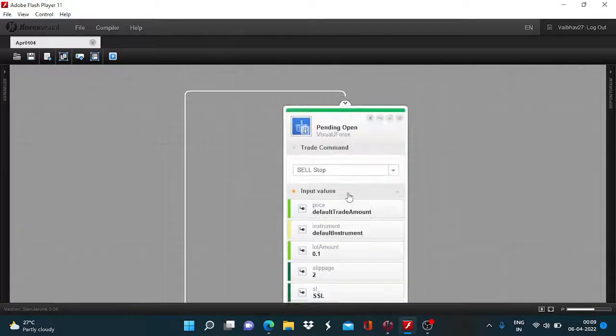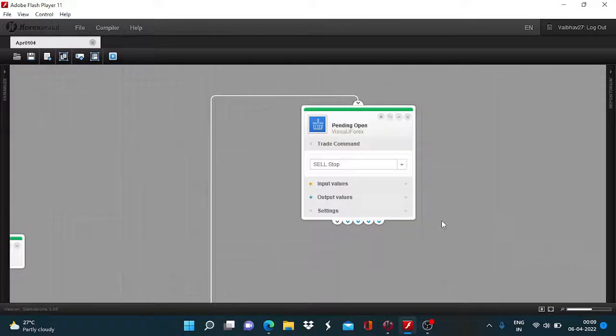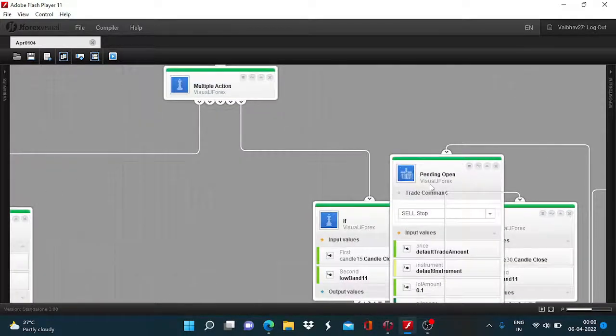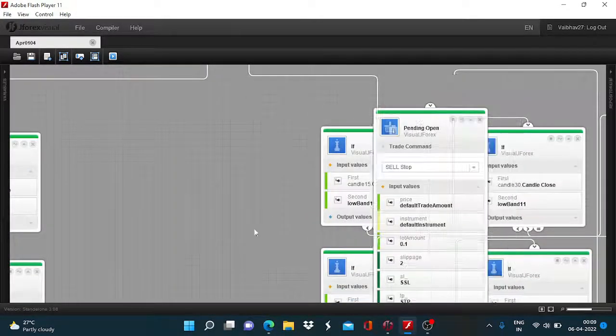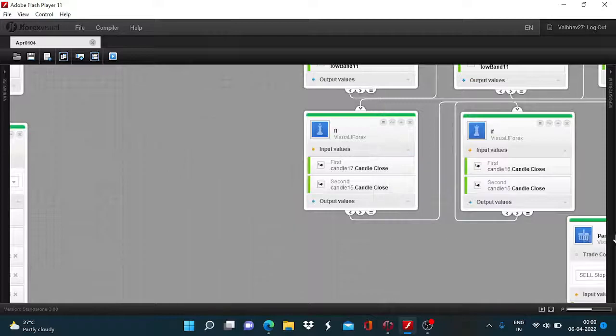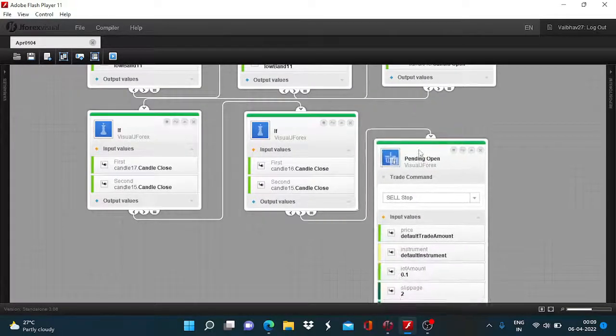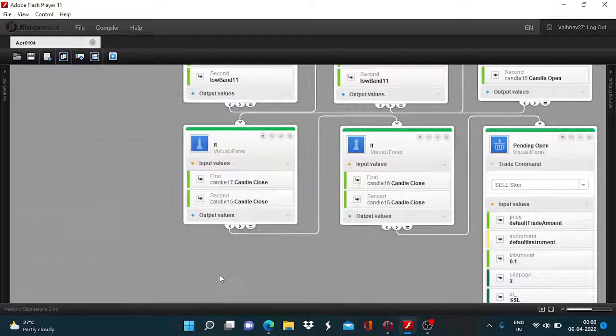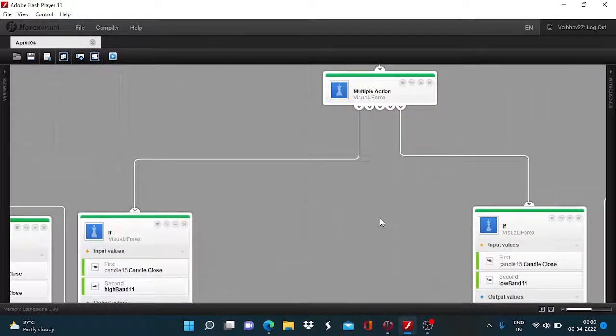Okay, so with this we have defined all the input parameters required for the trade command block of the sell side. So I now place it where it belongs, just after this condition, the logical block.